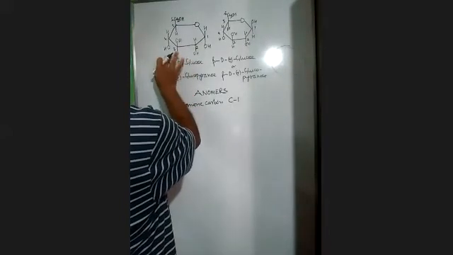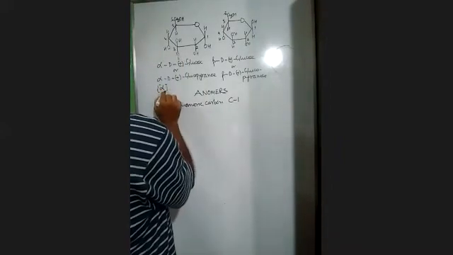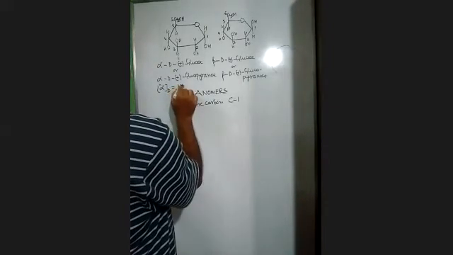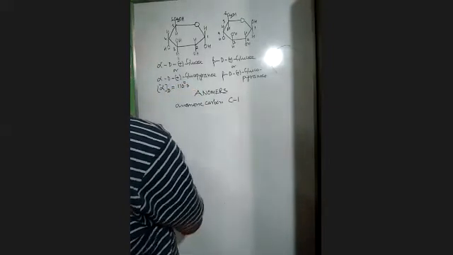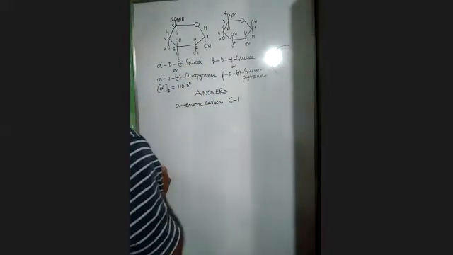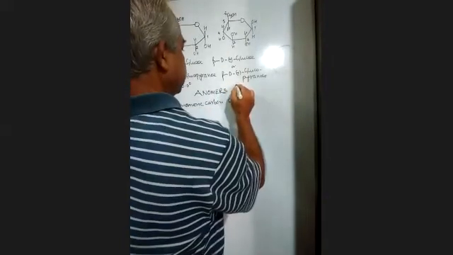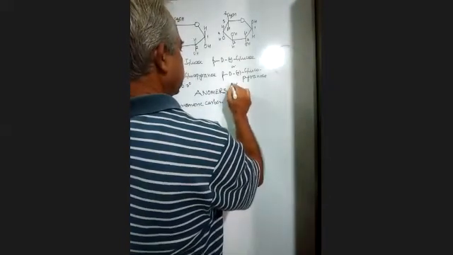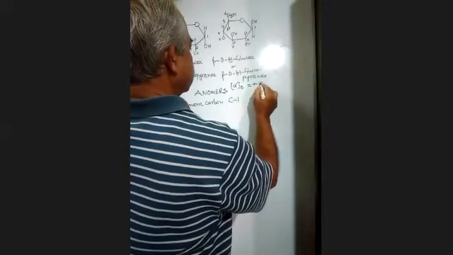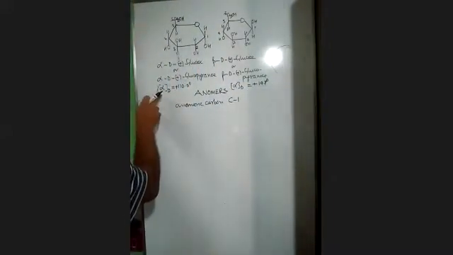The specific rotation of alpha D is 110 degrees, plus. And for beta, alpha D is plus 19.7 degrees. Now, what is this?